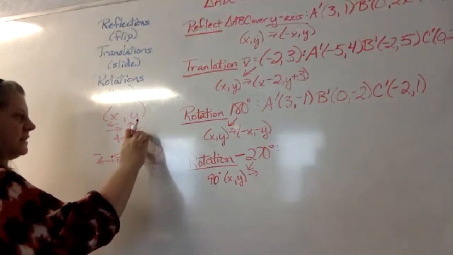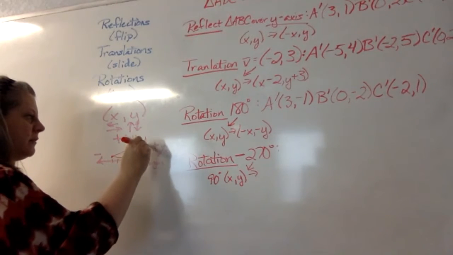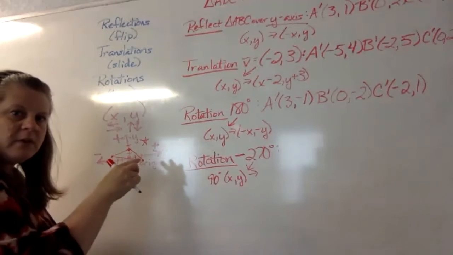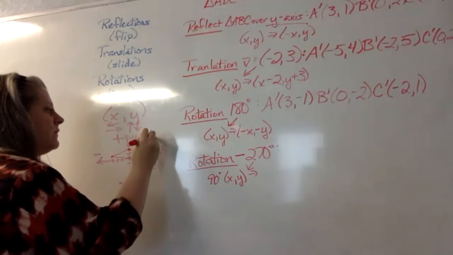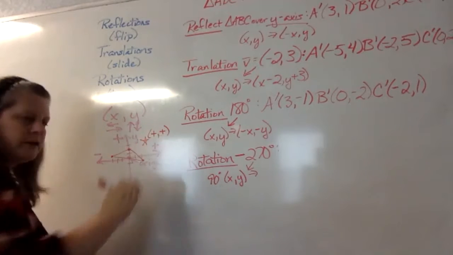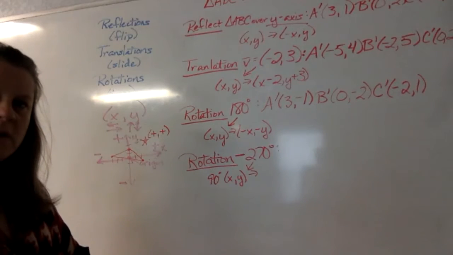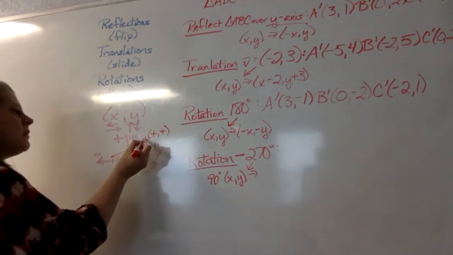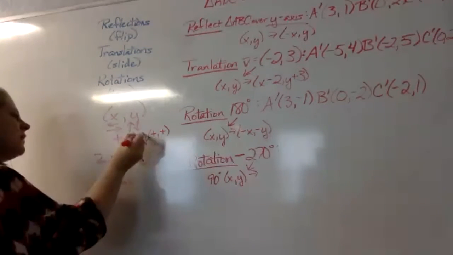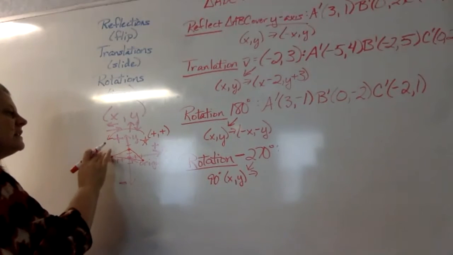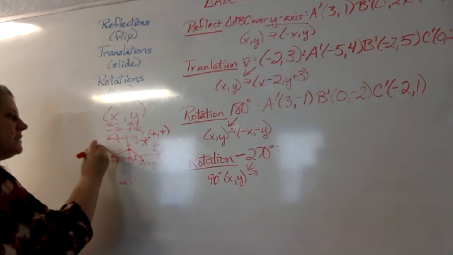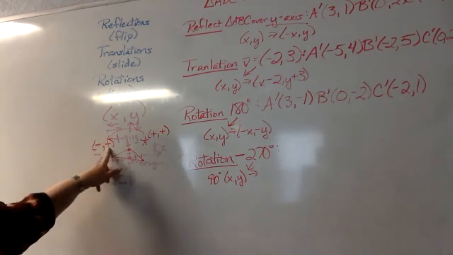Here's 90 degrees. Let's say this is where we're at. I'm going to put a little star right here. We're happy we're in this first quadrant. Okay, everything is positive here in this first quadrant. Makes me happy. Okay. If I'm going 90 degrees, that's taking me over to this one. In this quadrant, the first number is a negative, but the second number is positive.